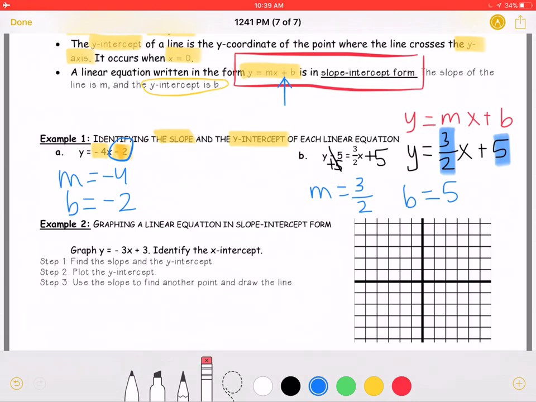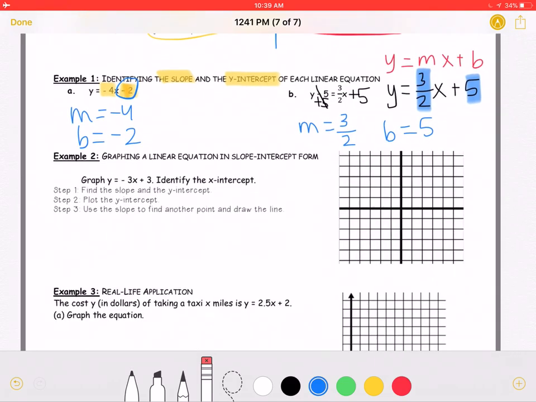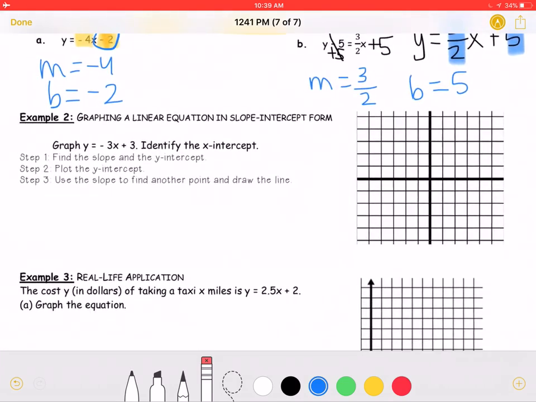We're going to graph a linear equation that's in slope-intercept form. So they want us to graph y equals negative 3x plus 3. They want us to identify the x-intercept. So step 1, whenever we're given it in slope-intercept form to graph it, first we want to find the slope, and then we want to find the y-intercept.